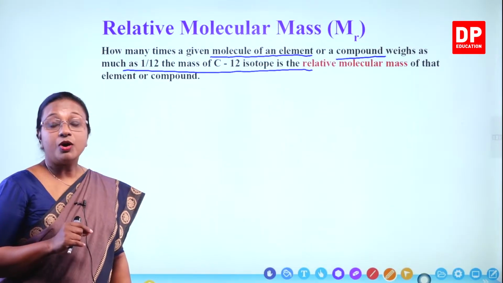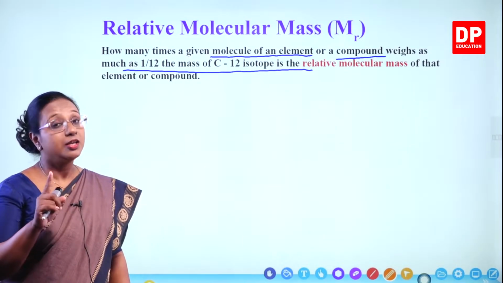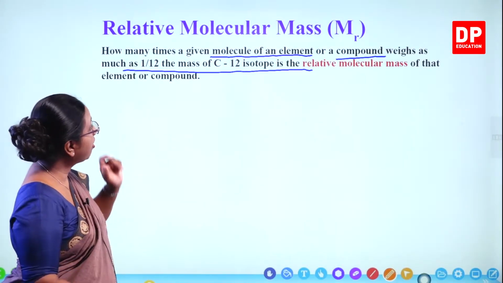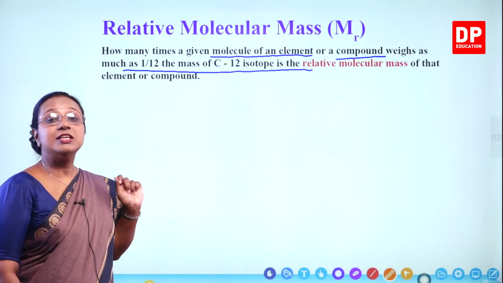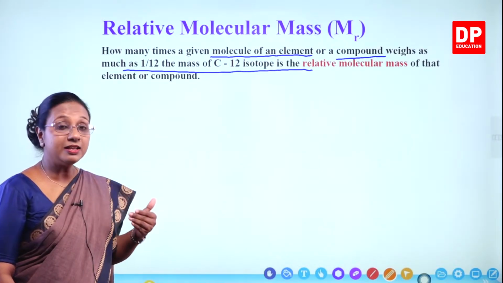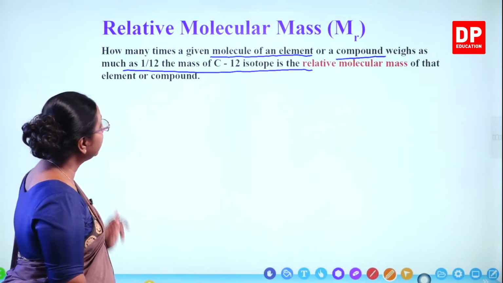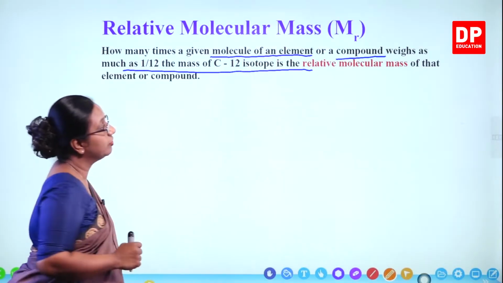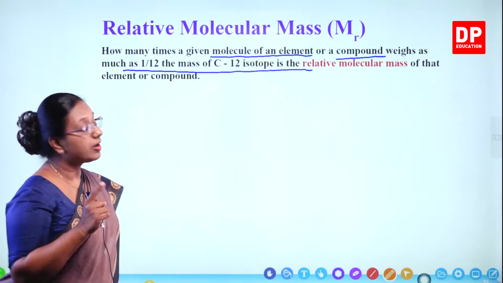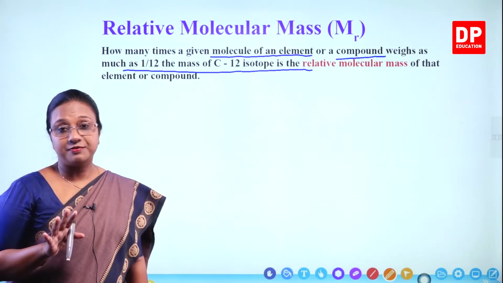What did we call that? It is the atomic mass unit. You can remember that. So here also we are going to calculate the relative molecular masses in relation to the atomic mass unit. But here we are going to calculate for both molecules of an element or a compound. I am sure you know the difference.